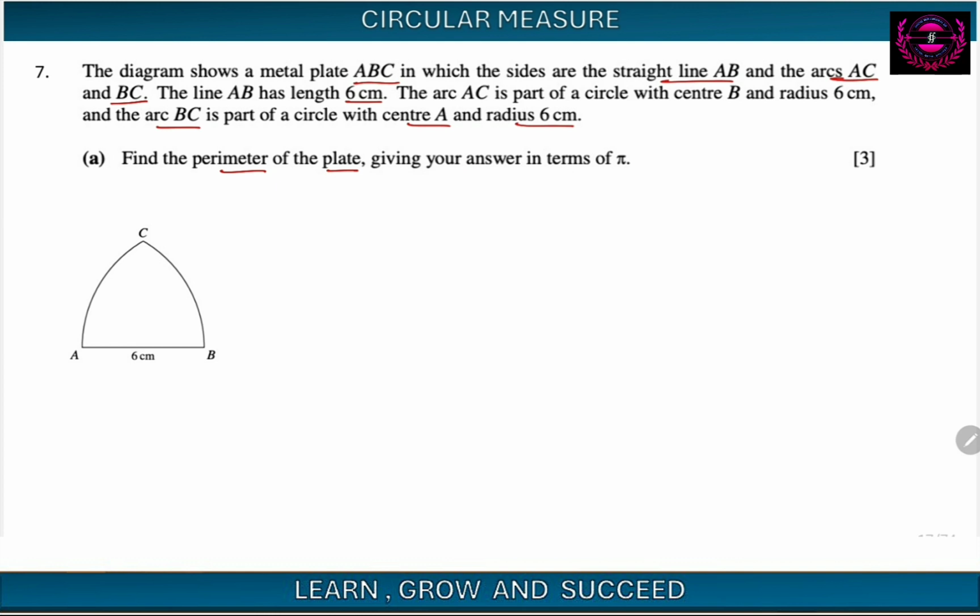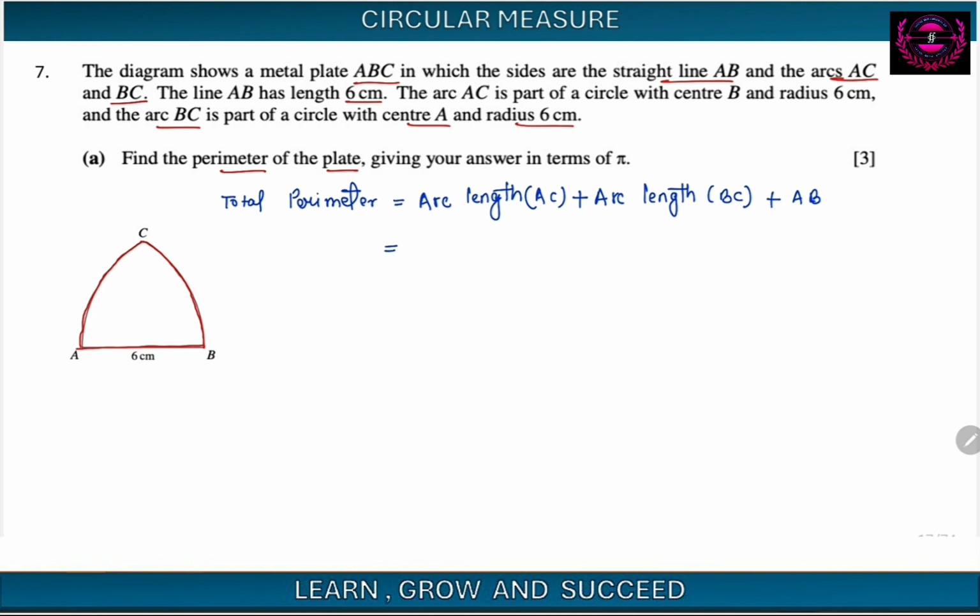So the perimeter is a combination of arc length of BC plus arc length of AC and length of AB. So total perimeter is always equal to arc length AC plus arc length BC plus length of AB.